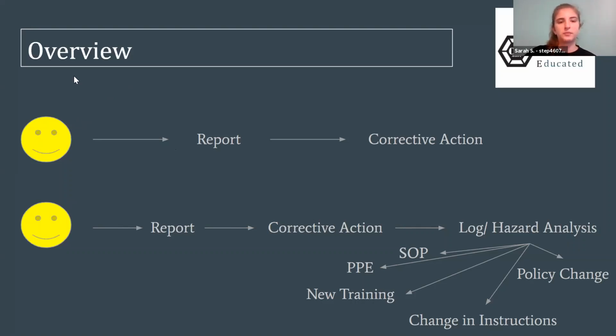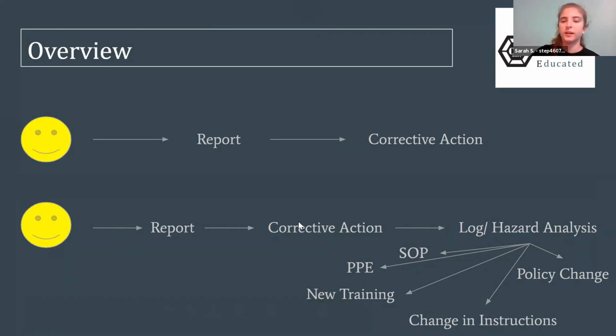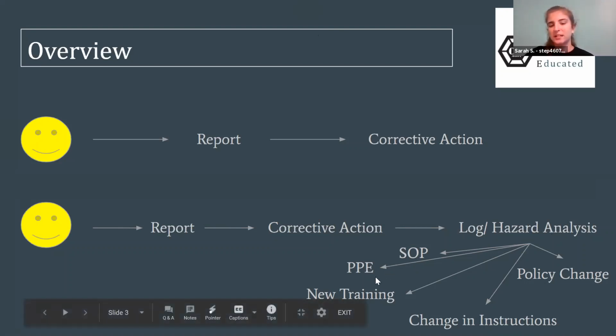This was also in place for hazards, safety violations, all of that type of stuff. Now, what we do is, little smiley face Timmy gets hurt, we do a report, we do the corrective action, we log it, and then we put it into our hazard analysis, and then we discuss. Do we need a new SOP? Do we need additional PPE? Do we need new training for this tool, such as a knife?